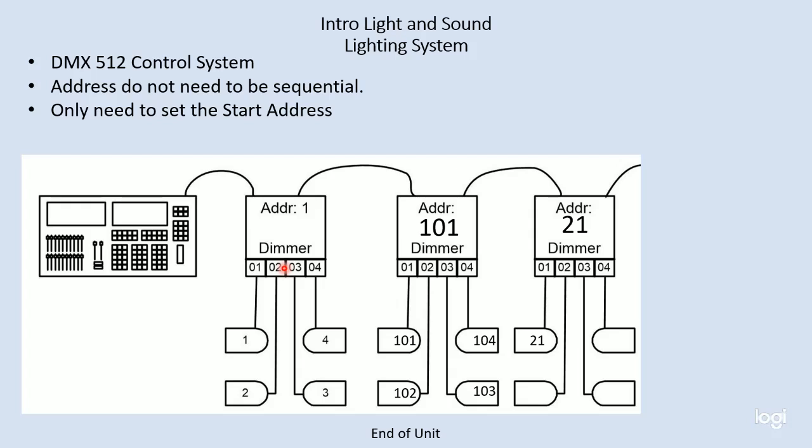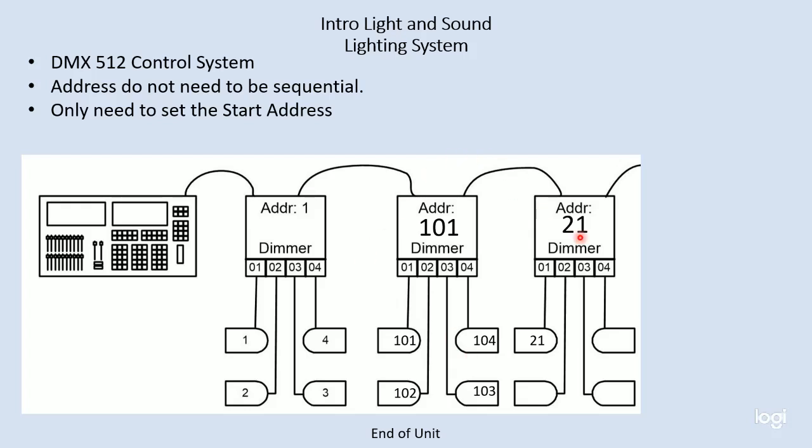Addresses don't need to be sequential. Unlike the mailbox that's just running down in sequential numbers, DMX can listen anywhere along the path for the information that is relevant to that starting address. So our first dimmer can be addressed to 1: 1, 2, 3, 4. Our next dimmer could be 101, which would be 101, 102, 103, and 104.